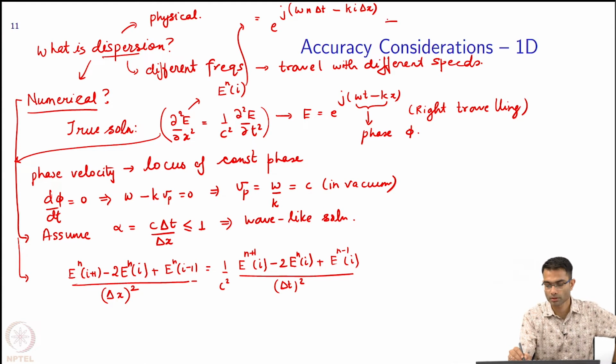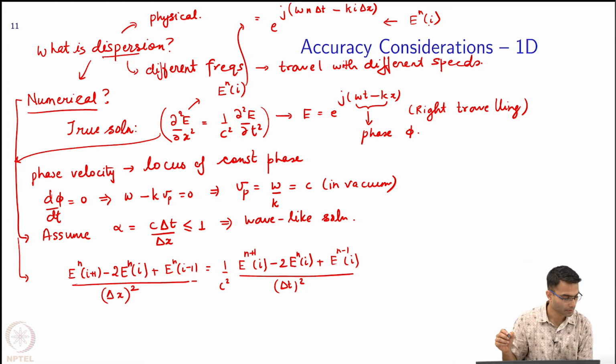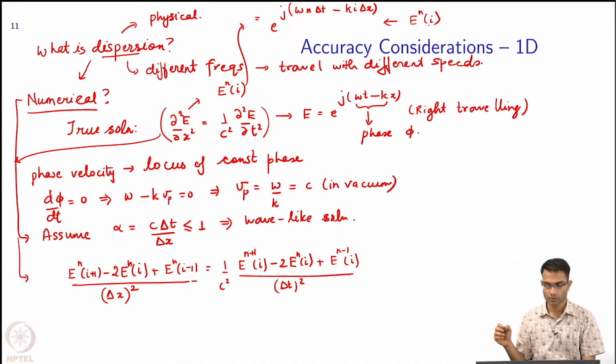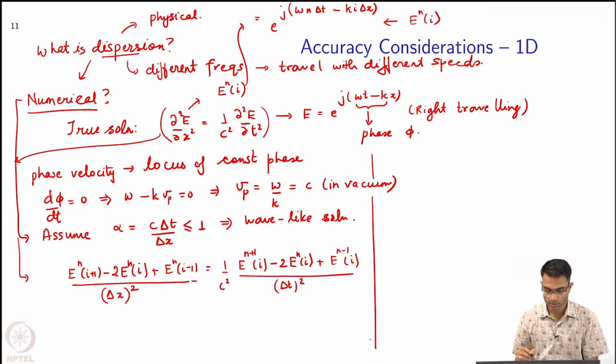Okay, this is my E_i^n. So, what I could do is substitute this exponential term into this finite difference equation.